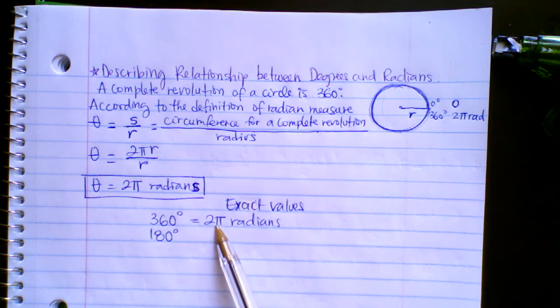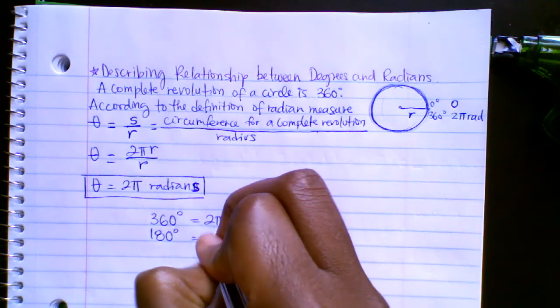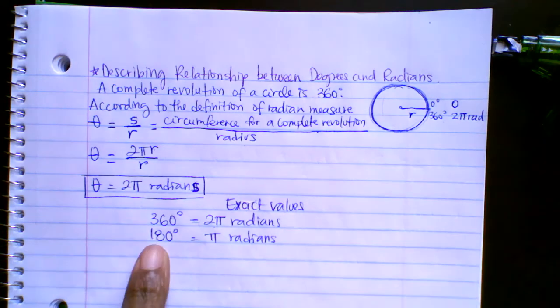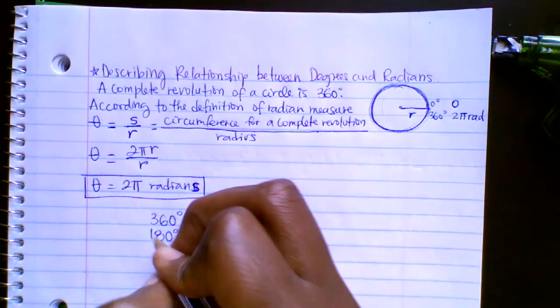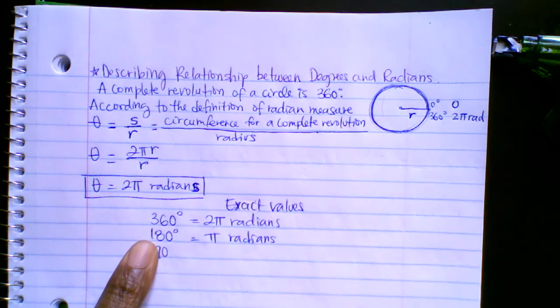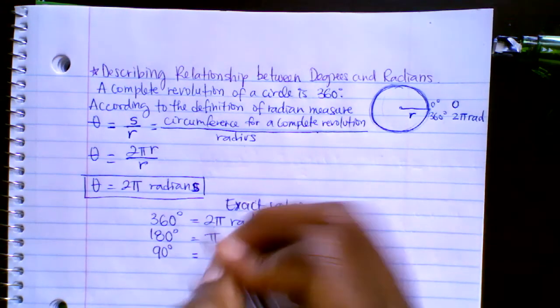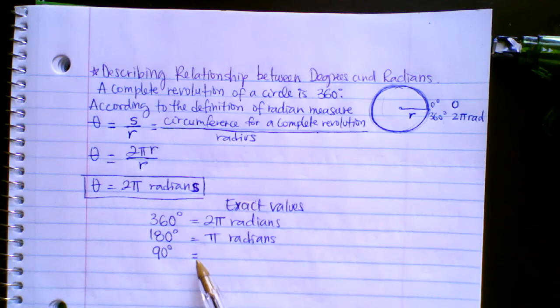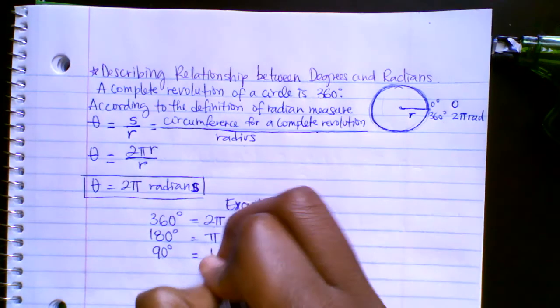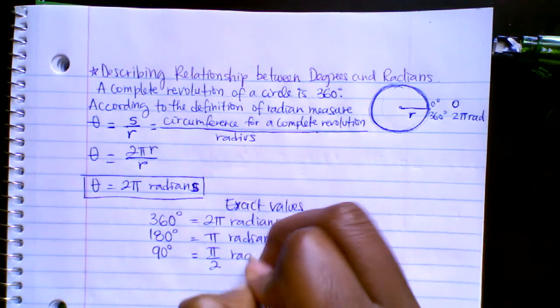Half of 2 pi leaves 1 pi. What about half of 180 degrees, which is 90 degrees? What is the equivalent in radians for 90 degrees? You divide by 2, so it's pi over 2 radians.